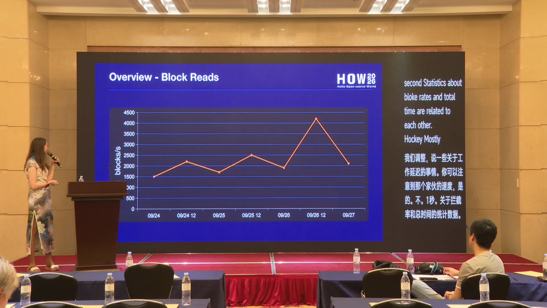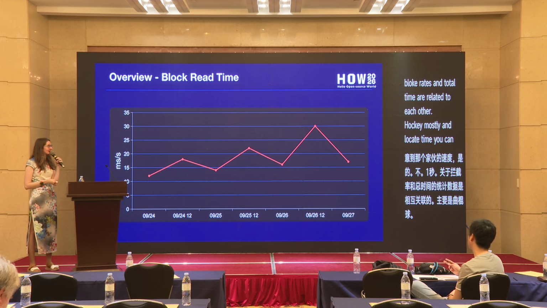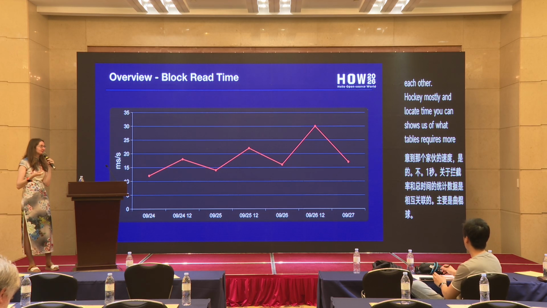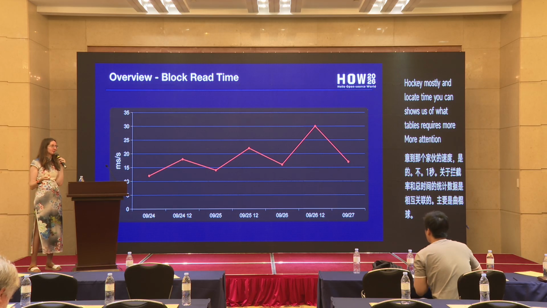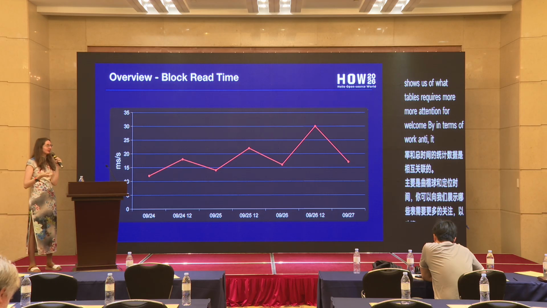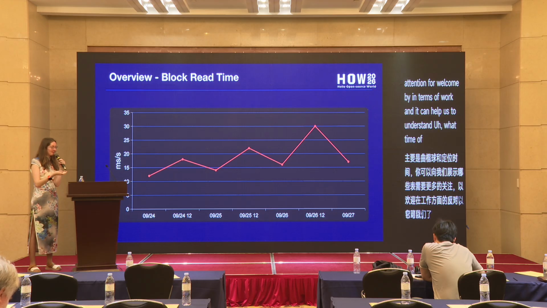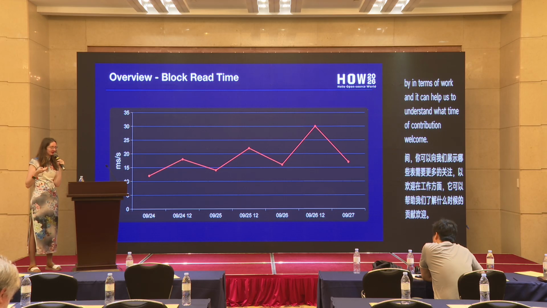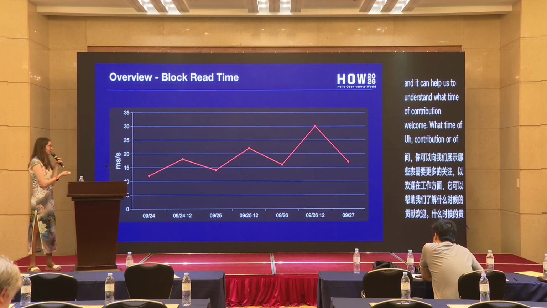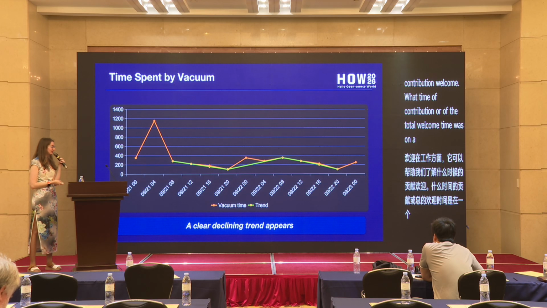And block read time shows us which tables require more attention for vacuum in terms of work, and it can help us to understand what contribution of the total vacuum time was on scanning blocks from the disk.